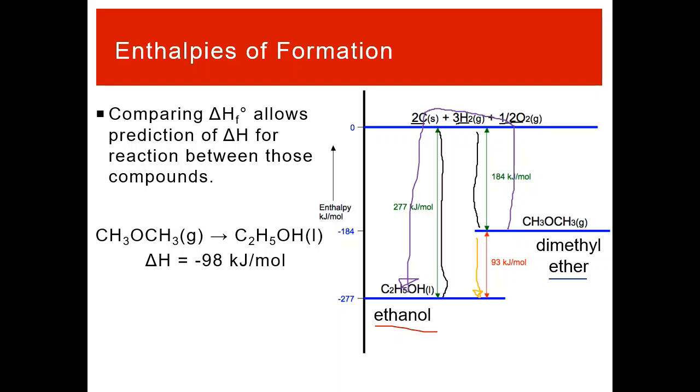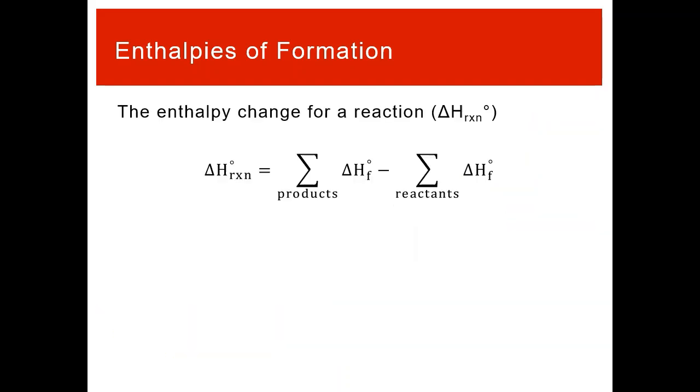And this idea, take all of the reactants, turn them into their atoms or elements, then form the products, comes together in this equation right here. Delta H of the reaction is equal to the sum over products of the formation enthalpies of those products minus the sum over reactants of the formation enthalpies of the reactants.